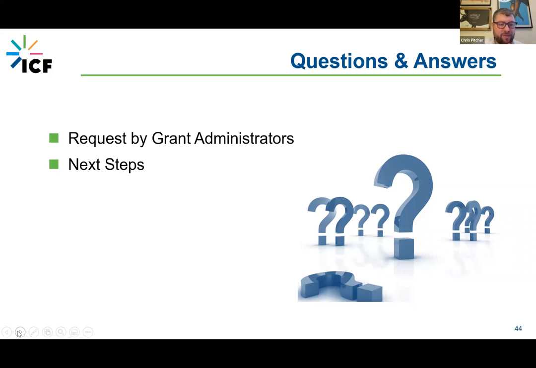I'm not going to go out of order just because I can. Can an indirect cost rate approved by a state agency, for instance, California DSS, be used for ESG-CV? There is a provision in 2 CFR 200 that basically states that HCD would be required to accept a negotiated indirect cost rate agreement under this circumstance.